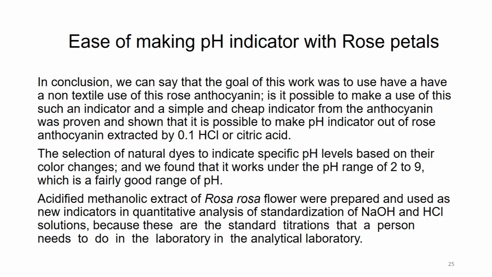Ease of making pH indicator with rose petal. Now, in conclusion, we can say that the goal of this work was to have a non-textile use of the rose anthocyanin.